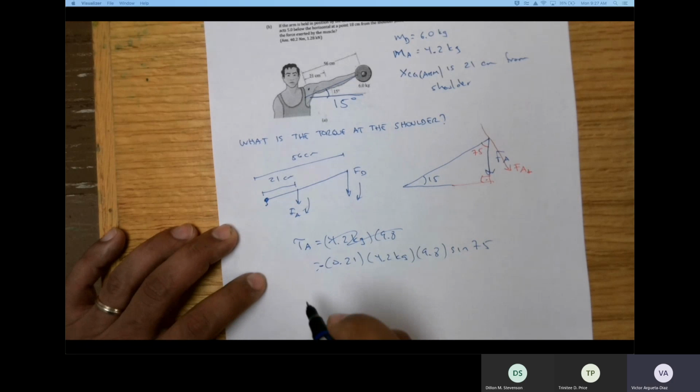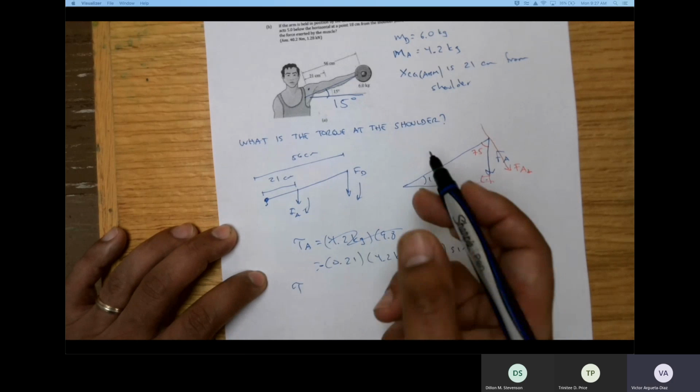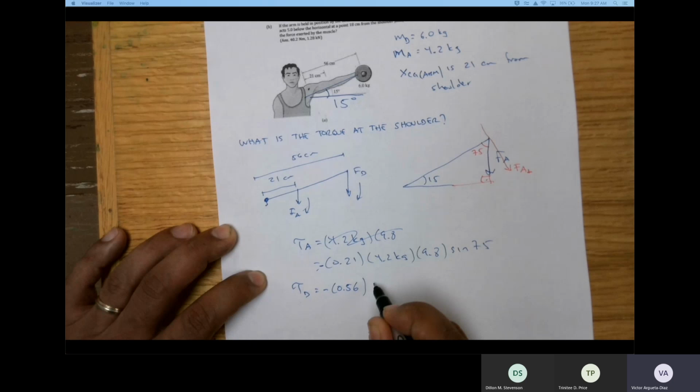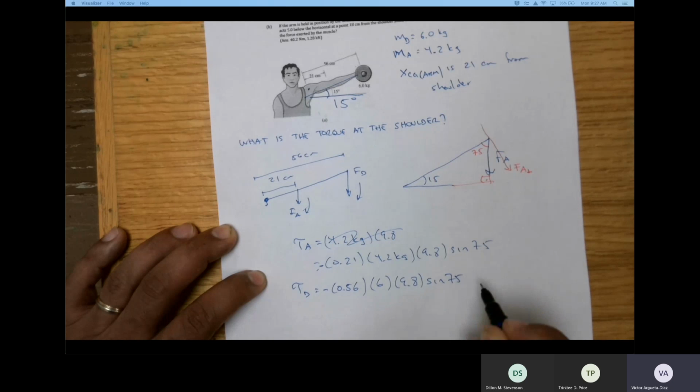Okay. The torque of the dumbbell, sorry, is going to be very similar. So it's going to be minus 0.56 times 6 kilograms times 9.8 times sine of 75. And then I just add them together.